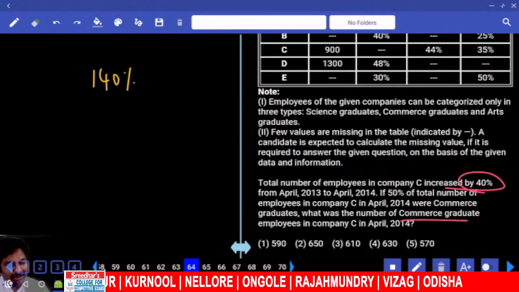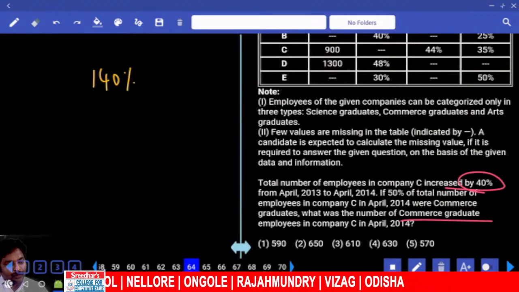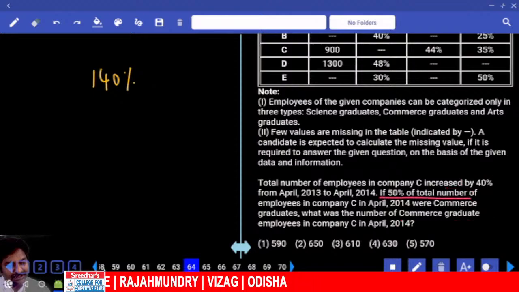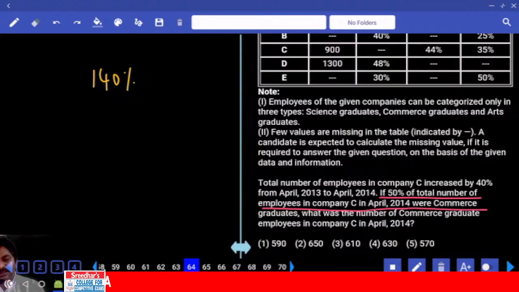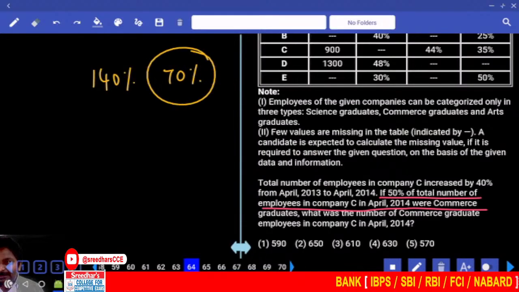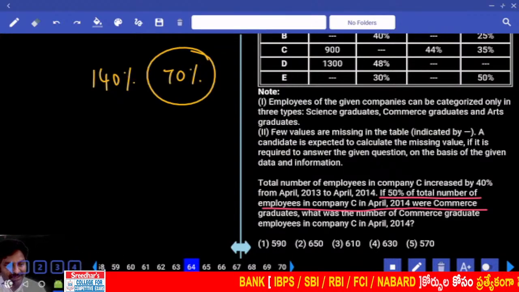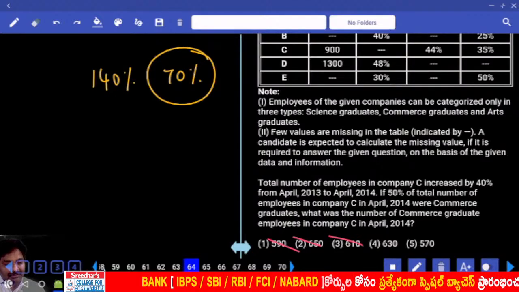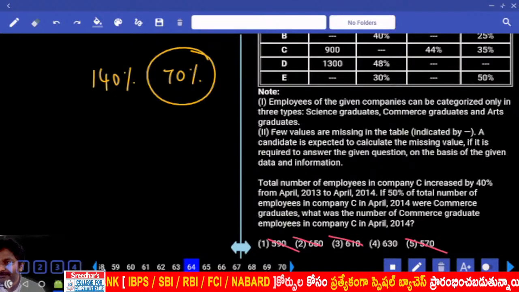Question is about commerce graduates, correct? What percentage are commerce graduates? 50% of total employees in C in April 2014 were commerce. That means 50% of 140 only. How much is that? So finally you need to calculate 70%. Should be a multiple of. Go to options. Can it be first option, second, third, fourth, fifth? Done.